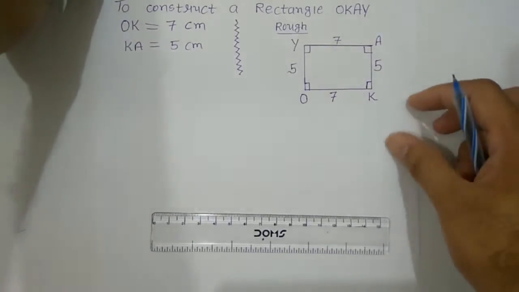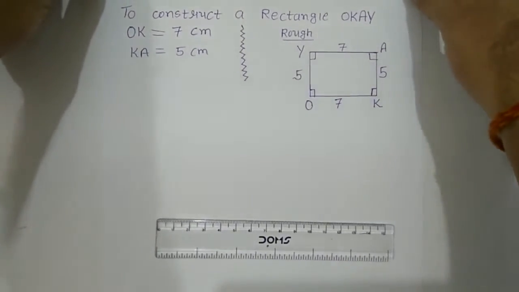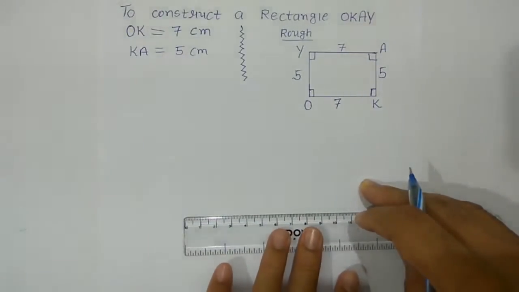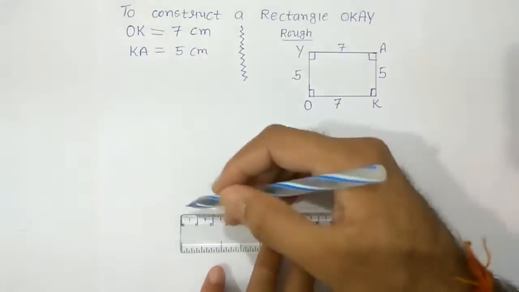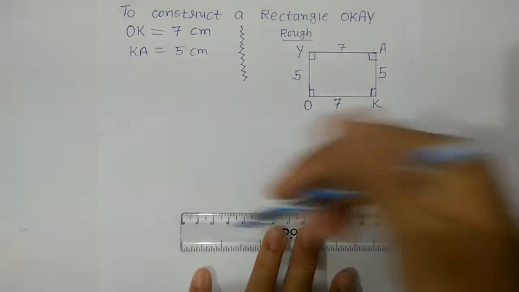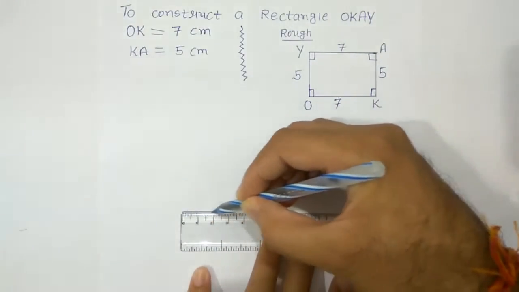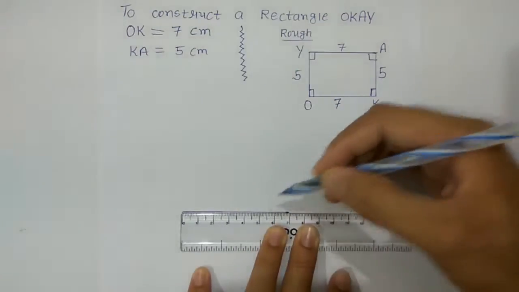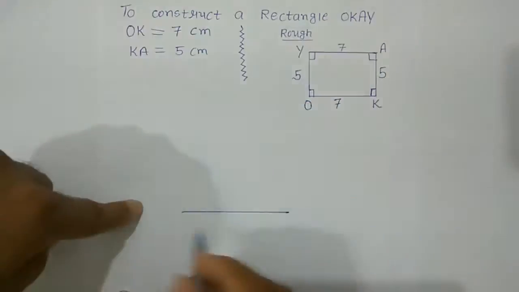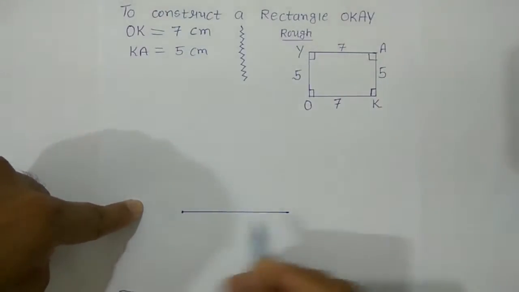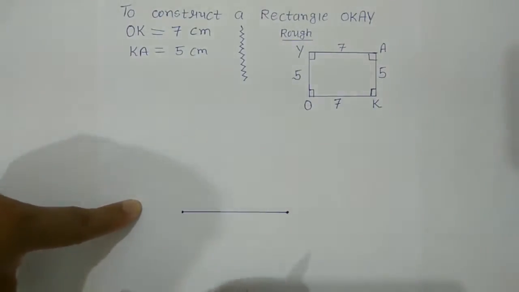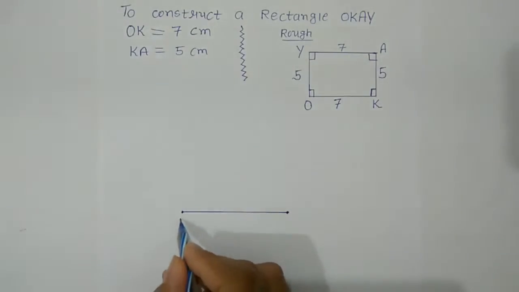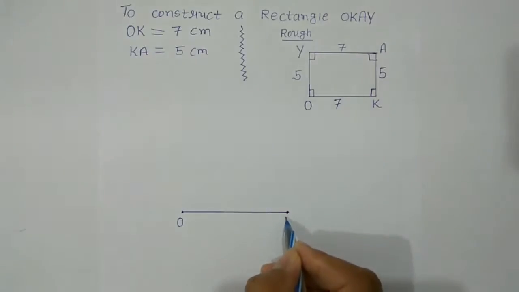So if this is our 0, from here we have to draw a line up to 7 centimeter, right? So these 2 points we get here. This is the first point, this is the second point. So this point represents O and the second one is K.